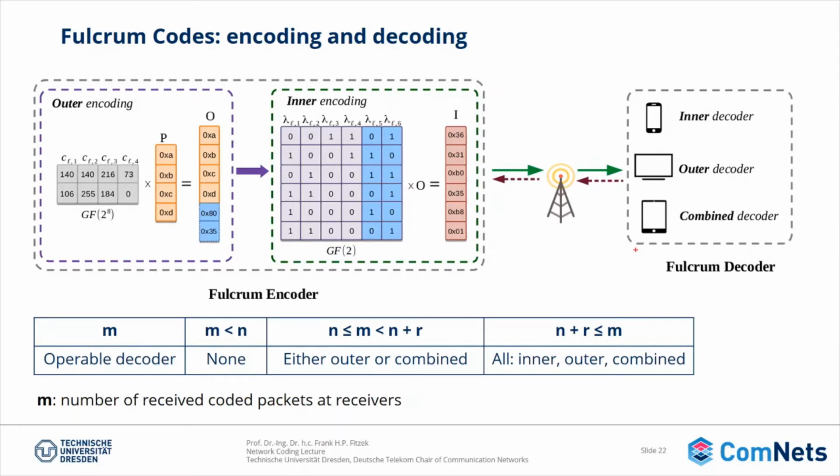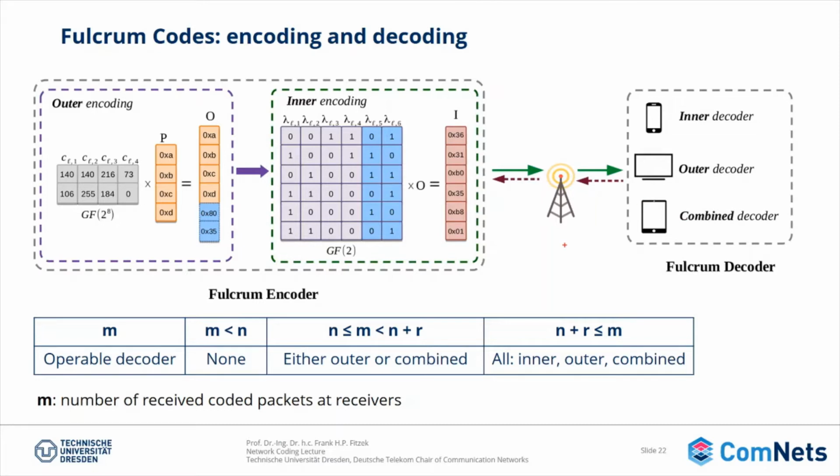Okay, let's figure out the Fulcrum decoder. As you remember, the main advantage of Fulcrum codes is to support heterogeneous devices. So a receiver, depending on its computing power, can exploit 3 types of decoder: inner, outer, and combined decoder, to recover the original packets.